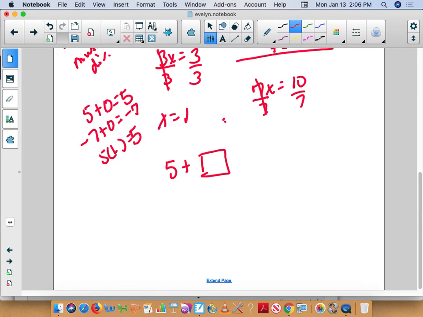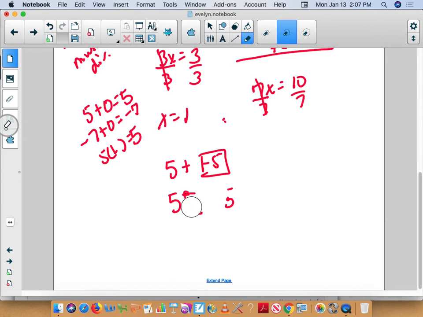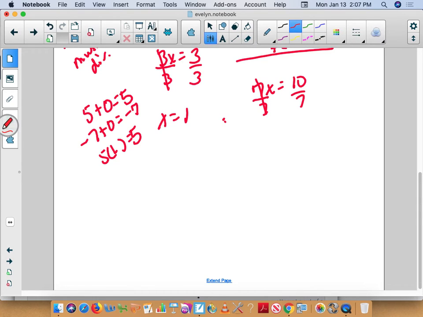How will I cancel out a positive 5? I need to add a what? Negative 5. And what does that give you? 0. If I have 5 times something to give me 5, sorry, I'm not saying that very well. Let's just do another problem.